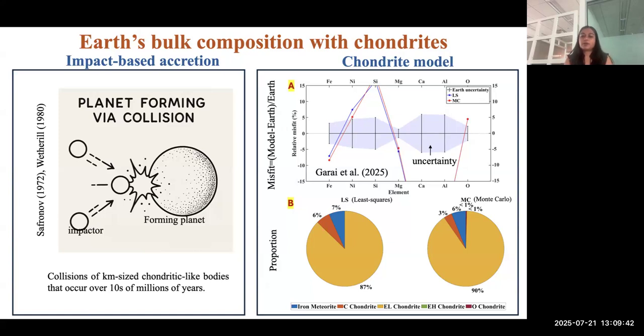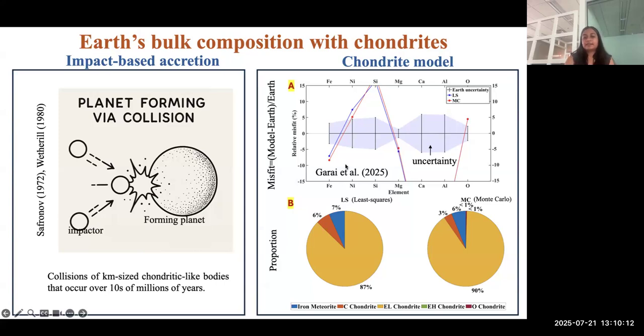A positive number in relative misfit means my model is overabundant in that element, and a negative number means my model is depleted in that element. Therefore, we see that when I have a mixture of iron meteorite, carbonaceous chondrite and non-carbonaceous chondrites, the relative misfits do not lie within the uncertainty limit for Earth for those elements, okay?